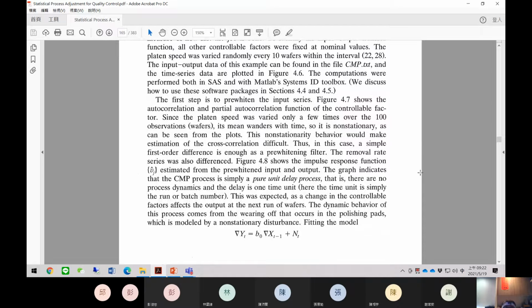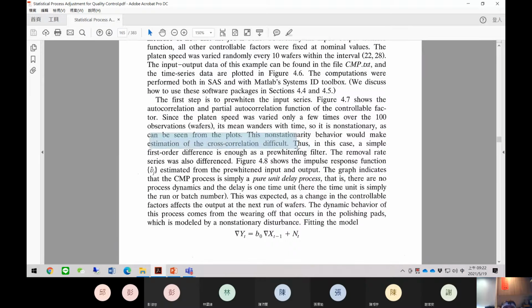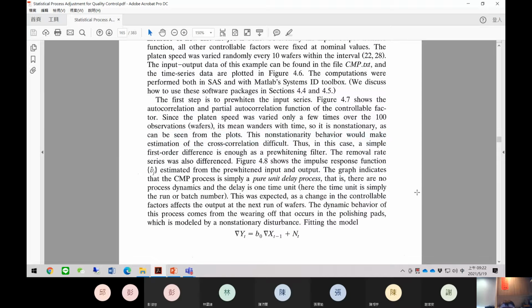Non-stationary behavior makes the estimation of the cross-correlation very difficult, so it's important. We need to do some pre-processing of the data.